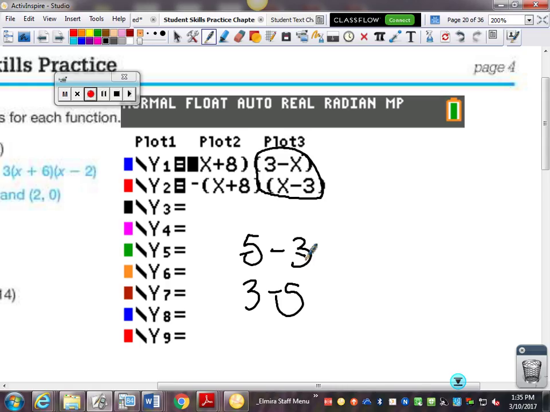It's not that simple. We cannot do that. This would be a positive 2. This would be a negative 2. So how come it looks like we can do that? Because don't forget, this also had a negative sign out in front. So when I reversed things, if I put a negative over here and I multiply by a negative over here, then I do get a positive 2. I just hope nobody walks away thinking that 3 minus x and x minus 3 are the same thing, because they definitely are not.